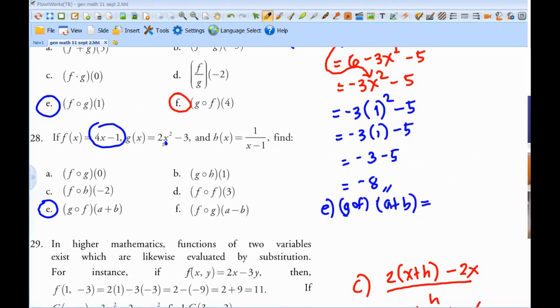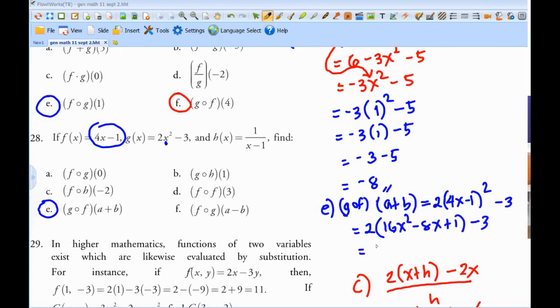Okay? g of f. So we have g circle of f of a plus b. So here, it starts with g. So 2 open bracket, 4x minus 1 squared, and then minus 3. Then it will become equal to 2, 16x squared minus 8x plus 1 minus 3.